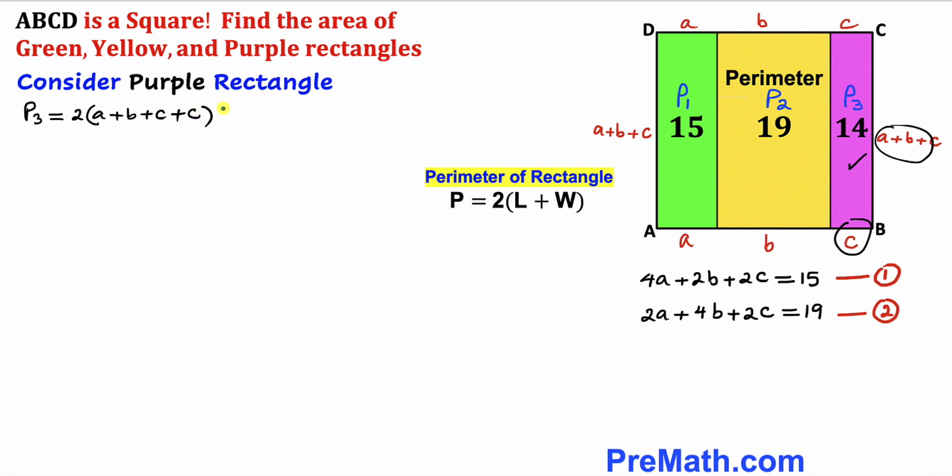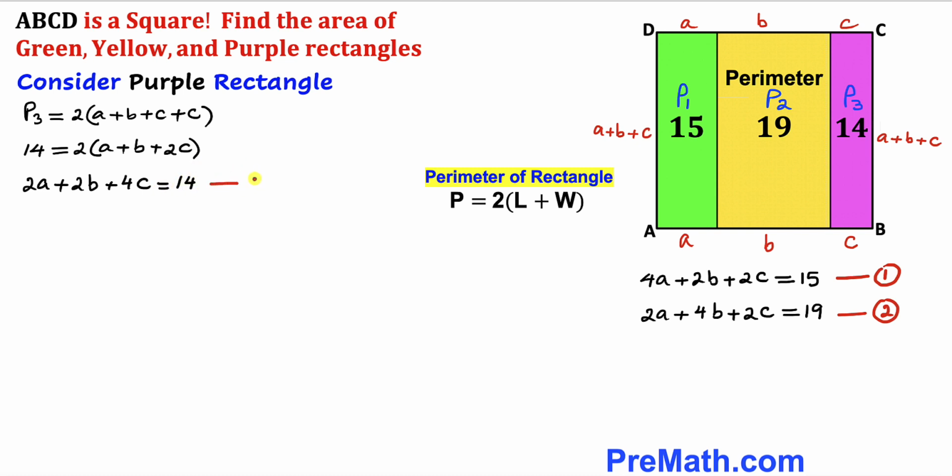And in this next step, I have replaced this P3 by 14, and I combined these like terms. Now let's distribute this. So we are going to get 2A plus 2B plus 4C equals 14. Let me call this our equation number 3.